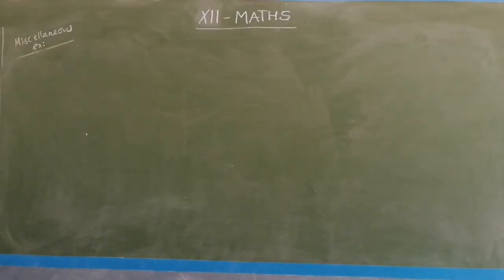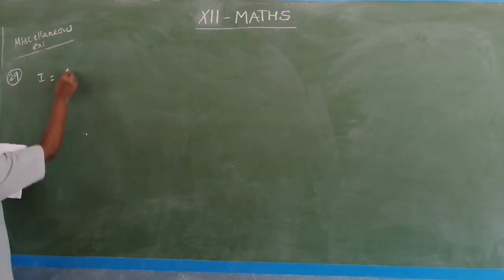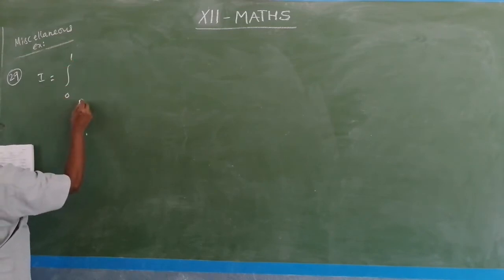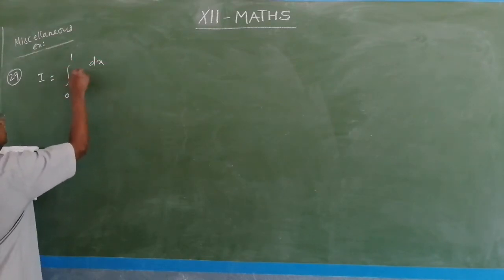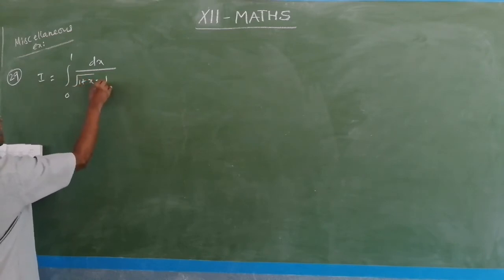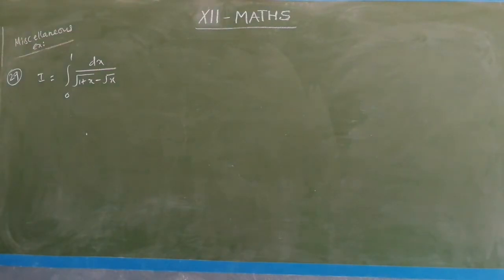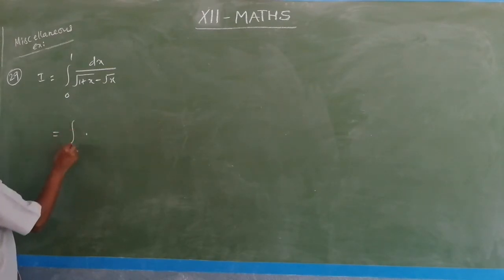Next, question number 29: I equals the integral from 0 to 1 of dx by root of (1 plus x) minus root x. Even though there is a property, if we apply it there will be no change, so let us find another way.